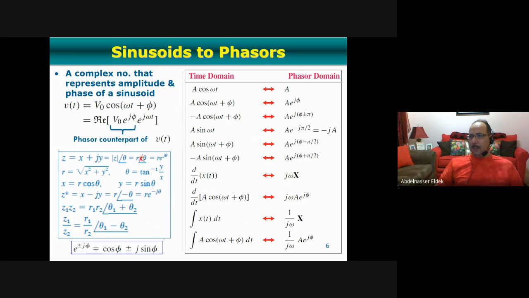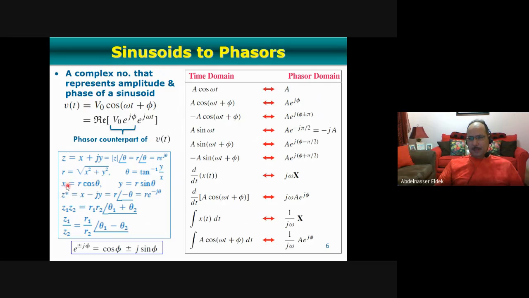You can represent it like this or like this, up to you. If you want to find x and y from z, you can say x equals r cosine theta and y equals r sine theta.